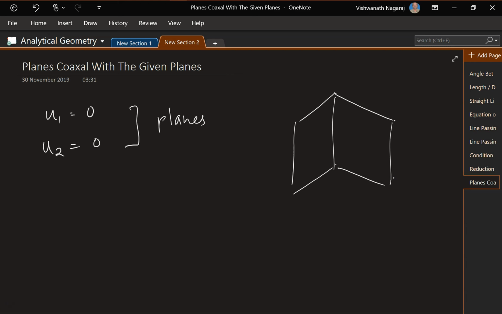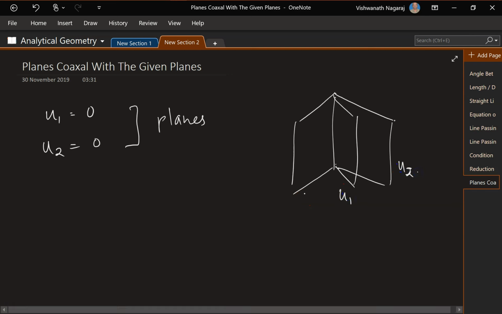Now what we want to do is come up with the equation for a third plane which has the same line of intersection, or which passes through the line of intersection. So let's say this is u1, u2 and let's say this is u3.